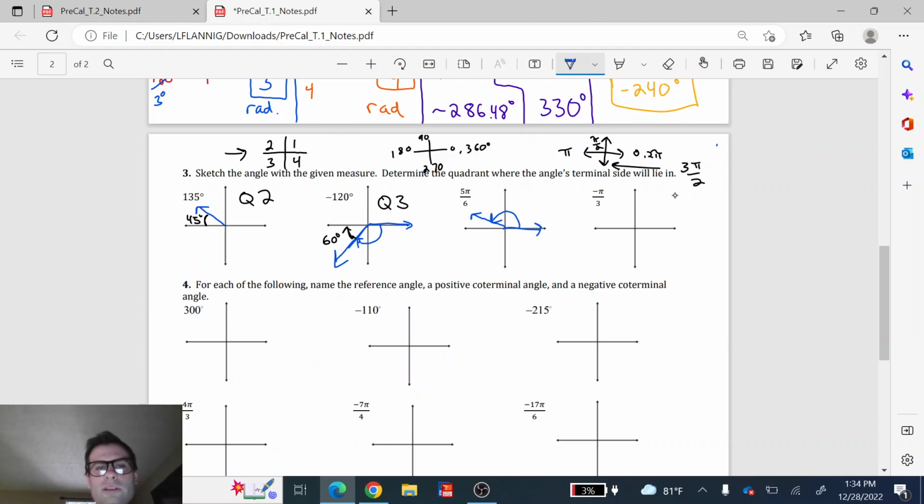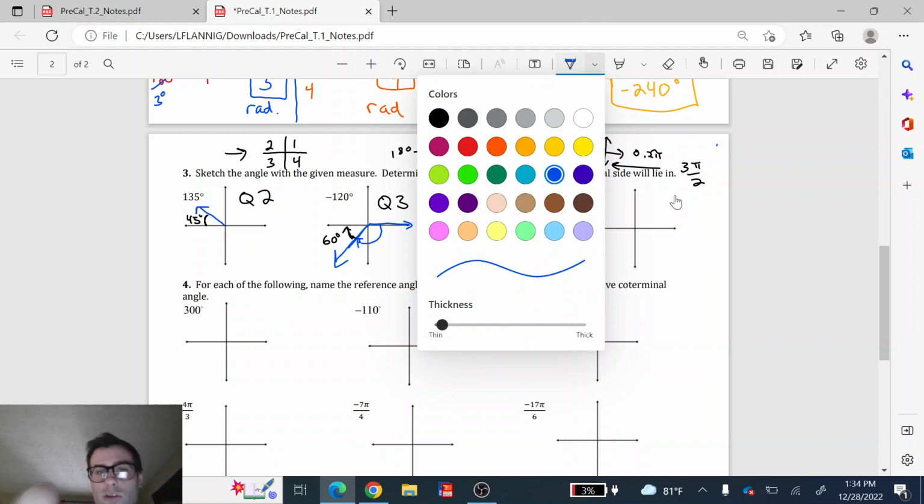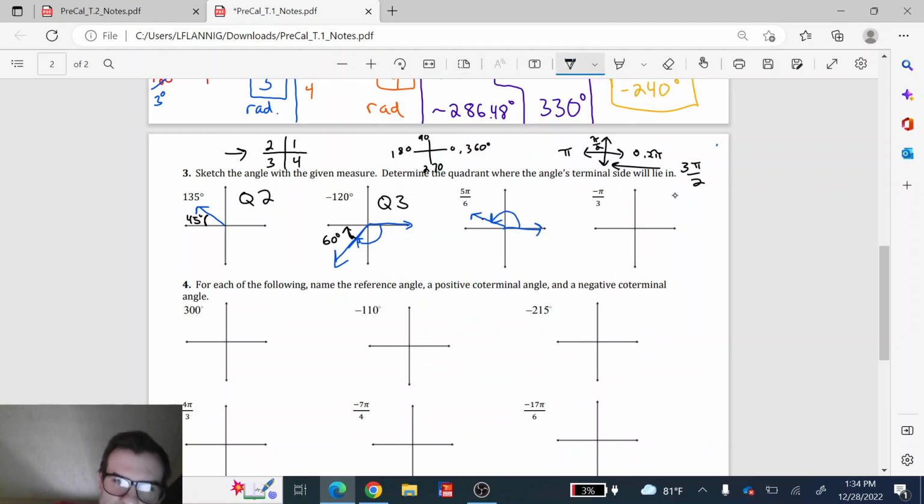And my goal is to figure out where that terminal angle is, and that's this angle right here. We know this is pi, so we can say, what's pi minus 5 pi over 6? That is 1 pi over 6. That is the terminal angle. Next, we have negative pi over 3.